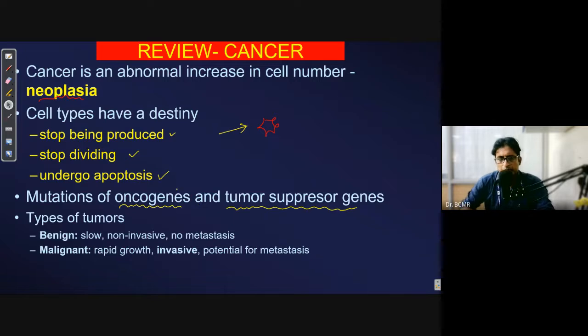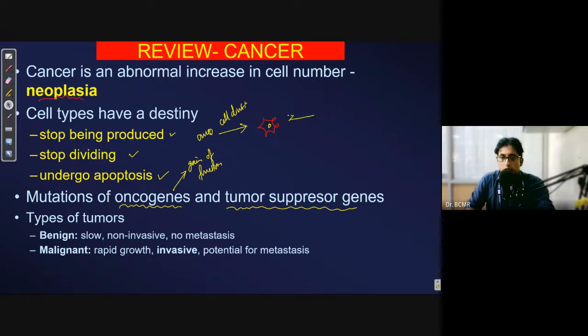I think I have described these, but again, oncogenes, because of a gain of function mutation, become hyperactive. Oncogenes will allow cell division. So if there is a mutation because of which cell division is enhanced, then the cells will become more and more.